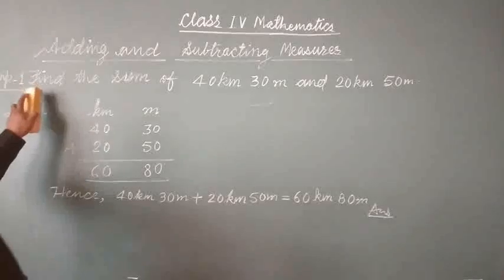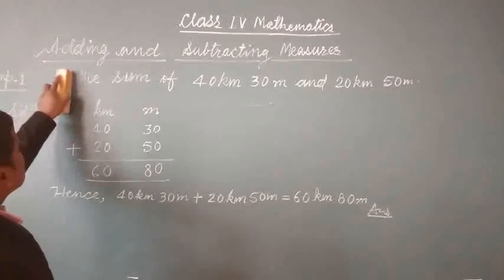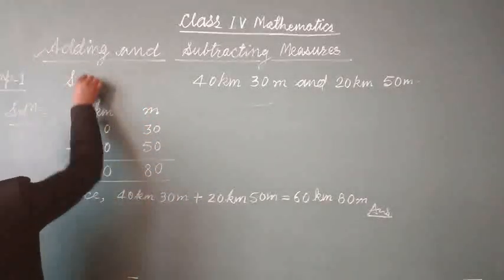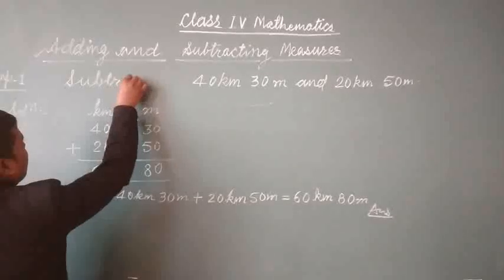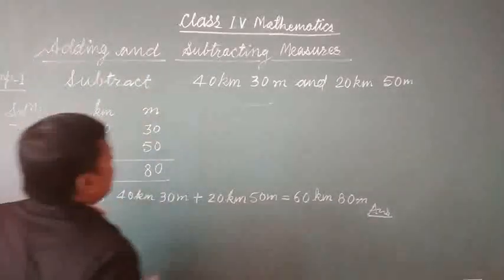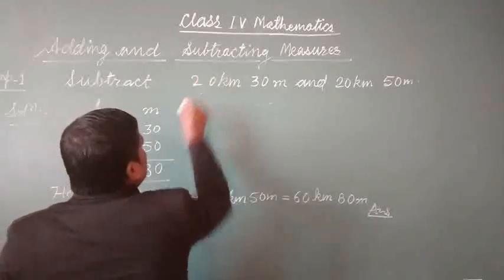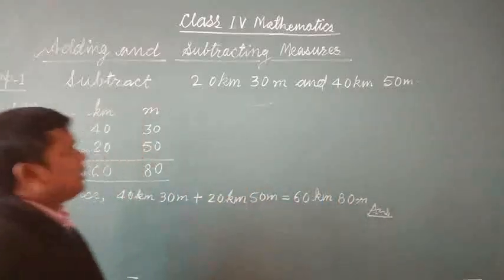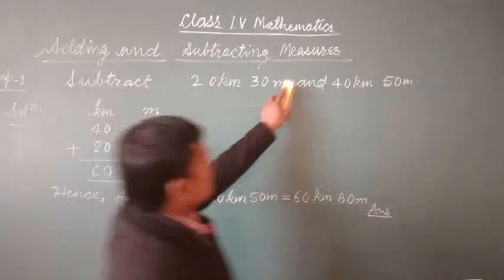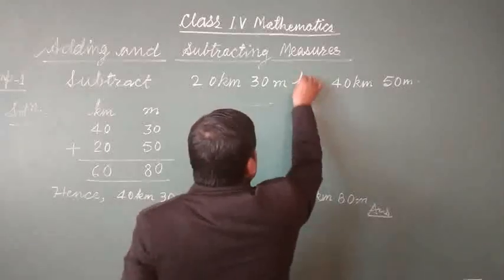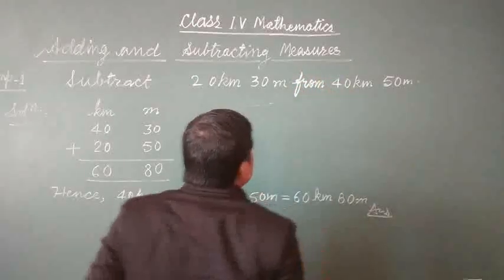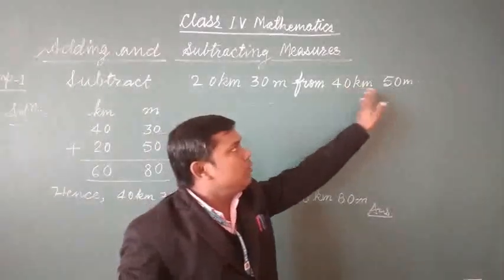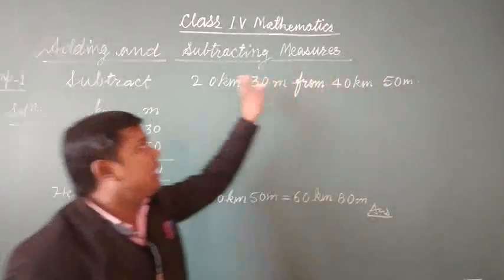Here I am writing: subtract 20 kilometer 30 meter from 40 kilometer 50 meter, meaning from this we have to subtract this one.